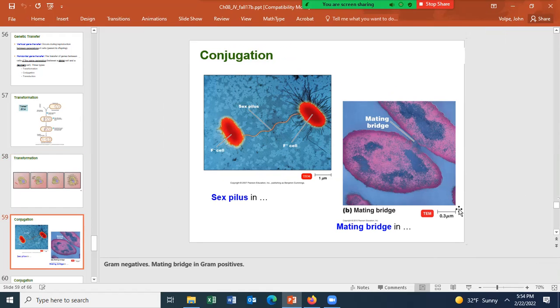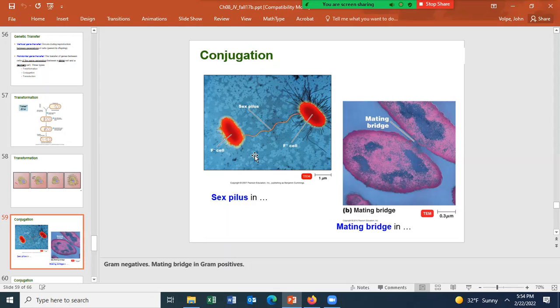The second way that new DNA can be taken up by a cell is by conjugation, also called sexual conjugation. In gram negatives, sexual conjugation happens with the sex pilus, where there's an F plus cell that makes a sex pilus, and that sex pilus literally skewers an F minus cell and then brings the two cells closer together, acting like a winch.